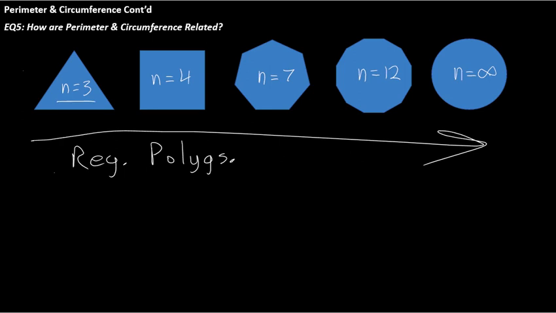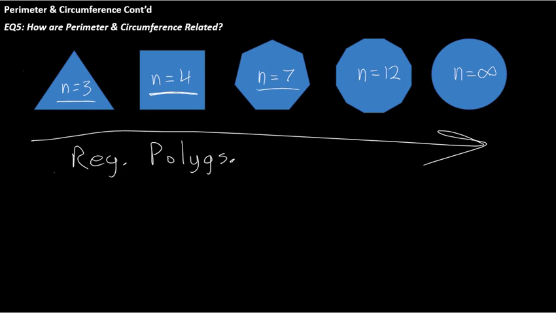And you'll notice n is the number of vertices on each one. So a regular triangle, aka an equilateral triangle, has 3 vertices. A regular quadrilateral, aka a square, is going to have 4 vertices.